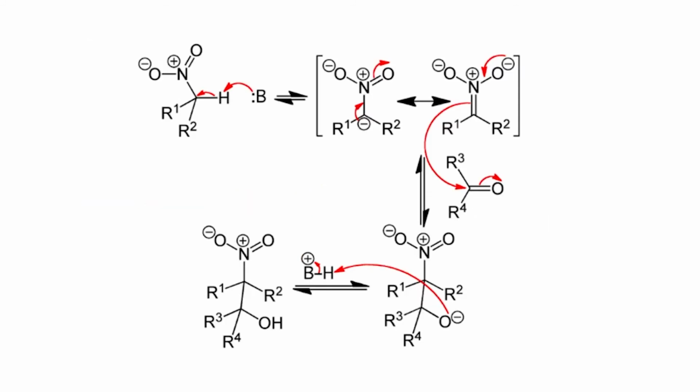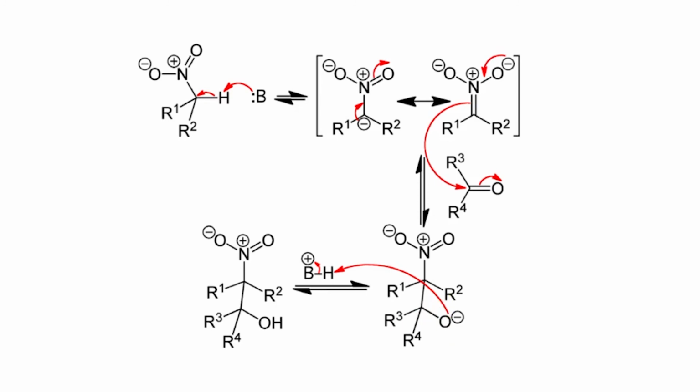Now the mechanism, as I mentioned to you, is fairly straightforward. The base attacks the alpha position, which is quite activated, and it produces this carbon-based carbanion, which can delocalize over here to give you this enolate type anion, which can then react with this ketone and produce the tetrahedral intermediate as shown here.